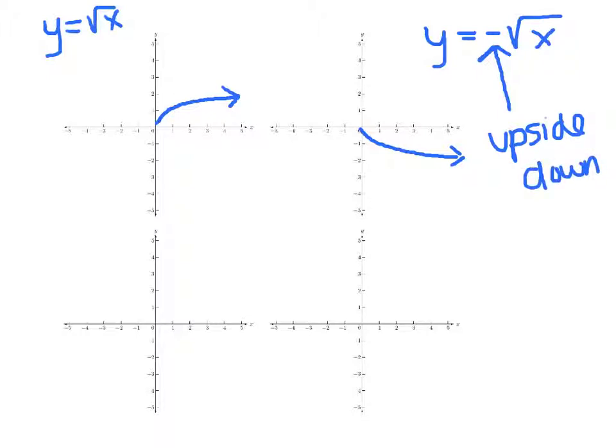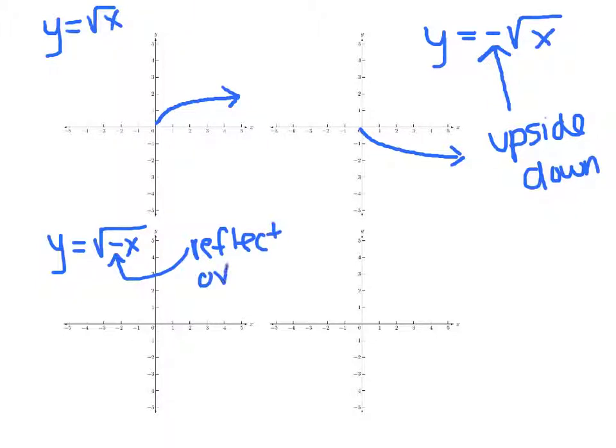But if I were to, instead of putting the negative outside the function, put it inside the function, this transformation is going to reflect it across the y-axis. So the graph that originally went this way is going to instead go the other way.